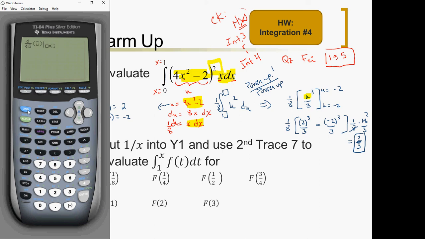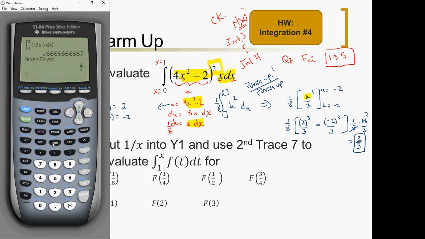No, you wouldn't. You would math 9. From 0 to 1 of what was in y2 with respect to x. And a shocker, you get 2/3.